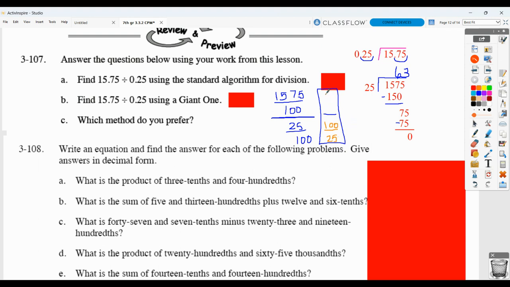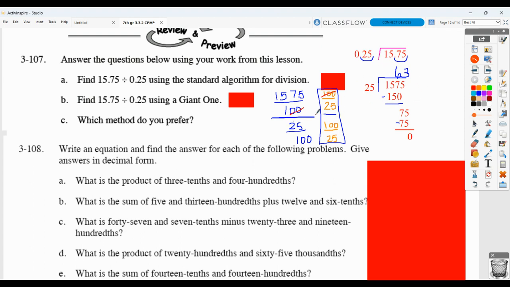If we're going to do it in the bottom, we have to do it in the top. So we're multiplying by 100/25 this way. And what you see then is the hundredths here and here simplify. So what do we end up with? We end up with 1,575 divided by 25, which is exactly what we have here.